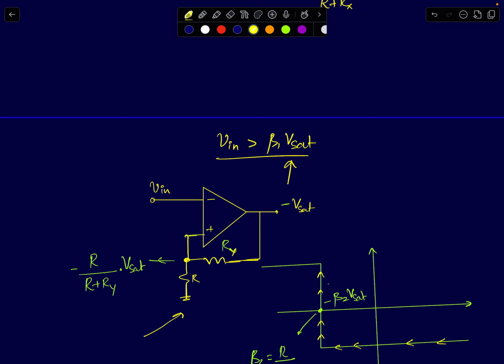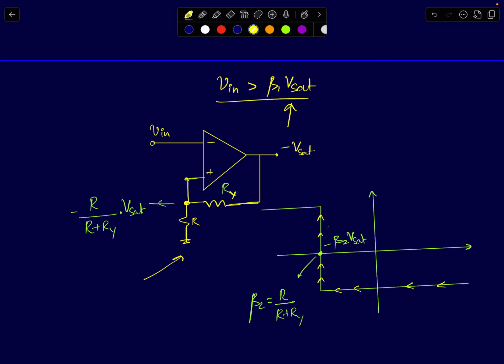Now the feedback voltage is minus beta 2 because now the feedback path is through Ry. The feedback factor beta 2 will be R by R plus Ry. The feedback voltage is negative, but it is not negative of the beta 1 Vsat, right? It's some other voltage. It is beta 2. The feedback voltage now is minus beta 2 times Vsat.